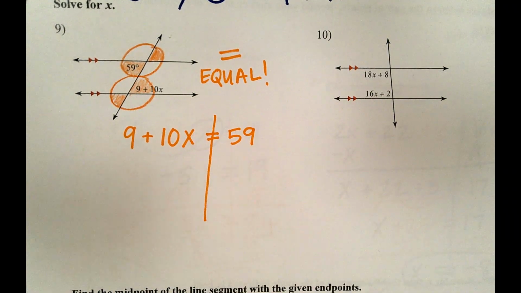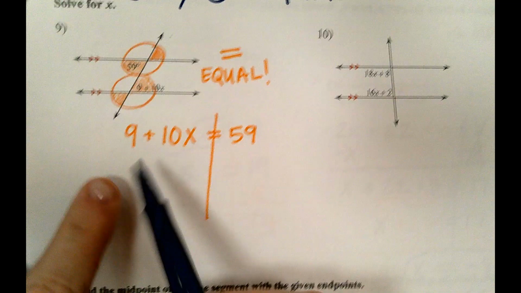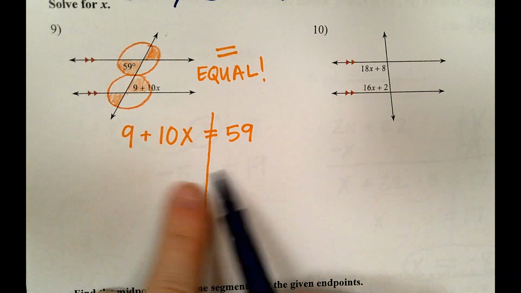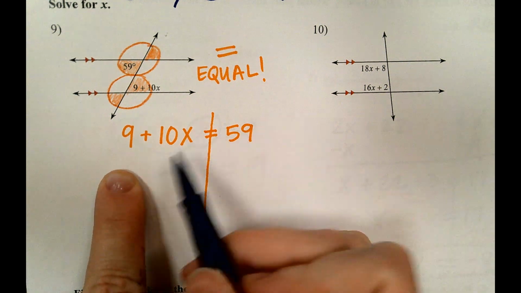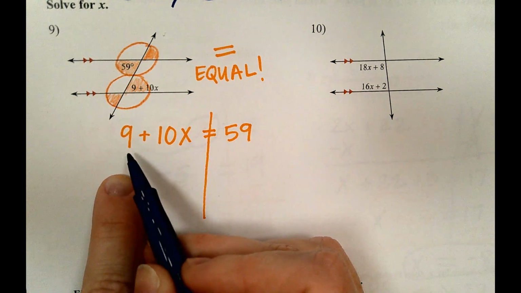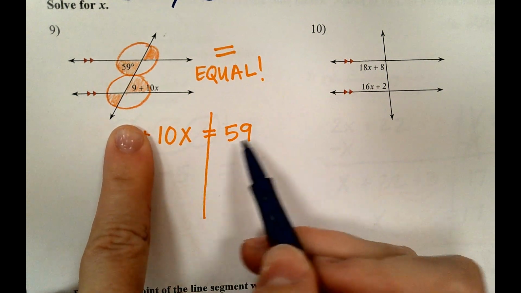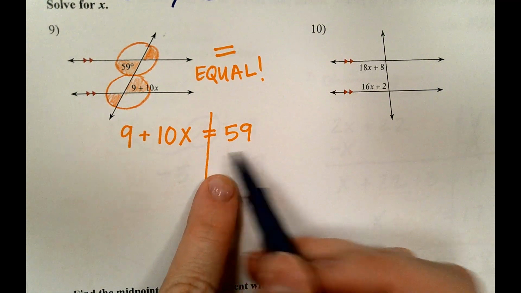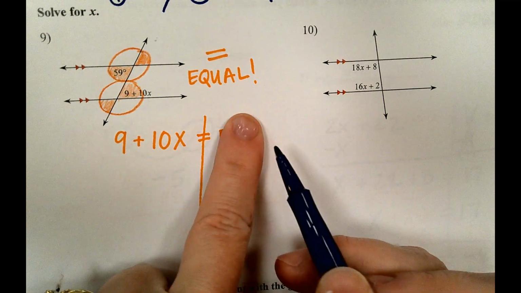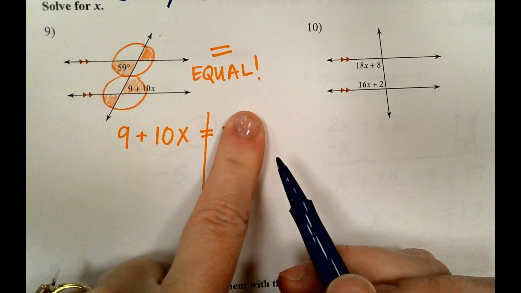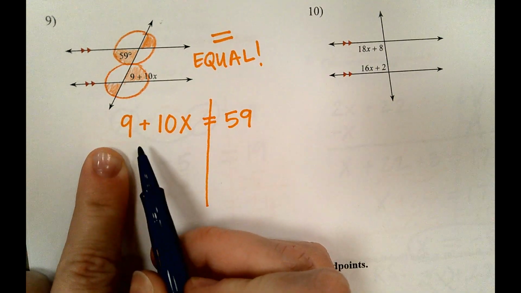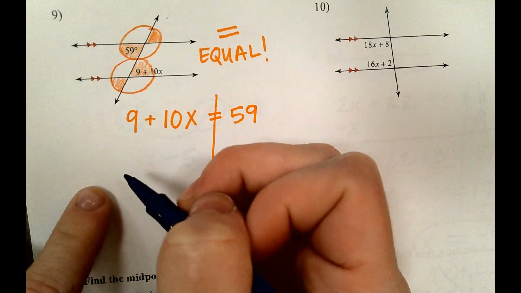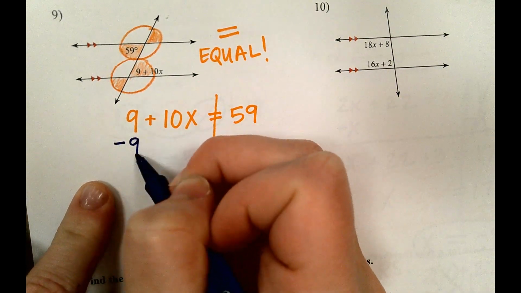Okay, I want to listen to both suggestions. I'm hearing subtract 9 from both sides, and then I'm also hearing subtract 59 from both sides. If I subtract 9, that gets rid of this 9, and I subtract 9 here, then I get 50. If I subtract 59 here, I have nothing left. I'm thinking minus 9 is probably our best option here, if everybody's okay with that. Okay, so minus 9.